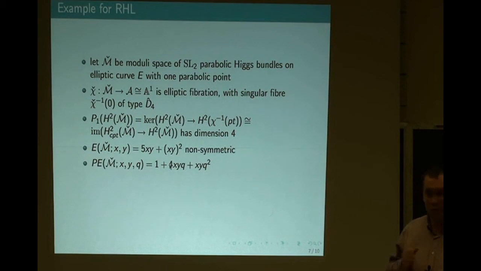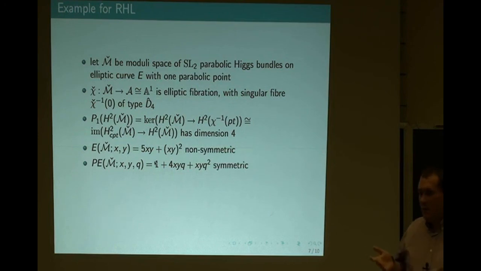We will have a four-dimensional perversity 1 part of H2 and a one-dimensional perversity 2 element in H2, namely alpha. And this is exactly what we need for relative Lefschetz, right? Because if I apply alpha to this class, I'm going to want to end up here. So that's going to be the non-trivial relative Lefschetz. But what we see is the symmetry appearing when we include this new filtration.